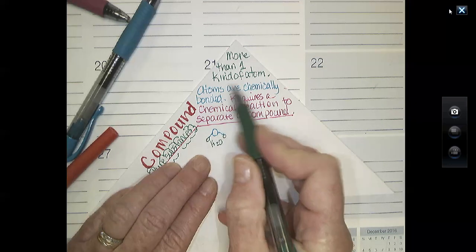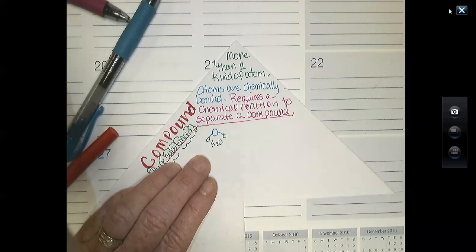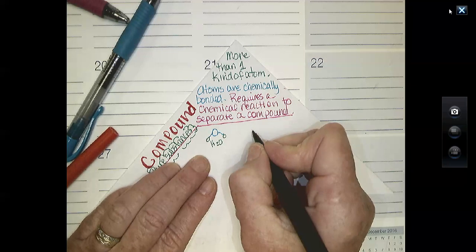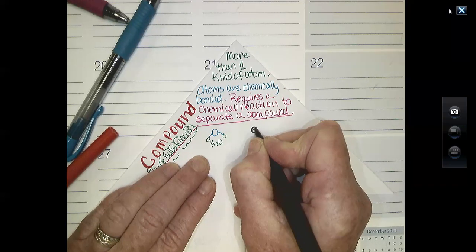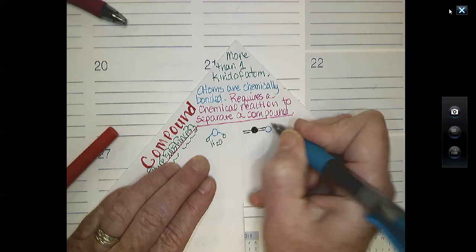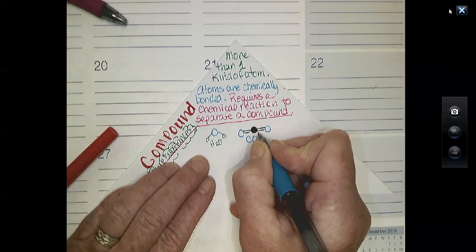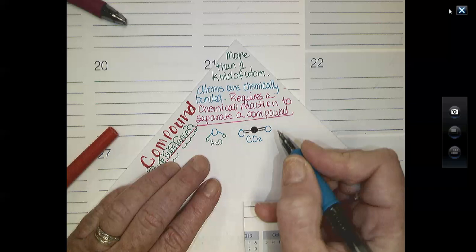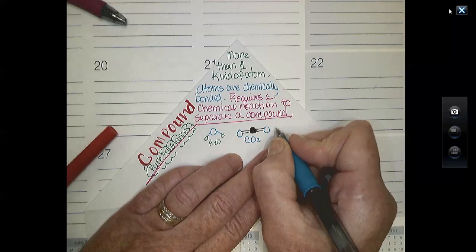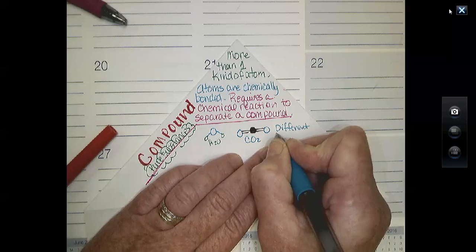Okay, different kinds of atoms, more than one kind of atom, chemically bonded. Another one would be carbon dioxide. Okay, once again, chemically bonded, and in order to break this bond, you need a reaction. And these are different kinds of atoms.